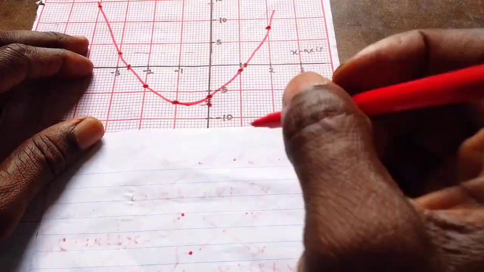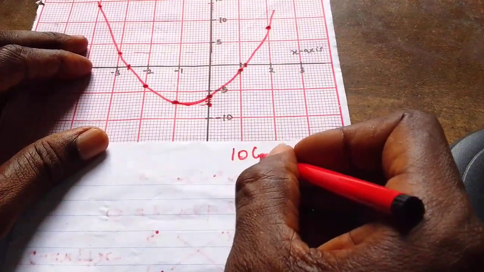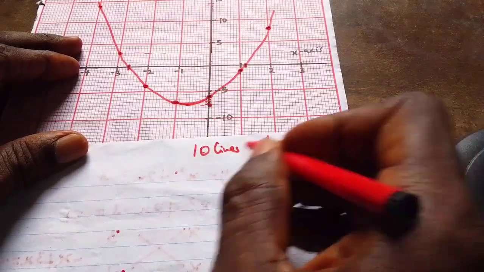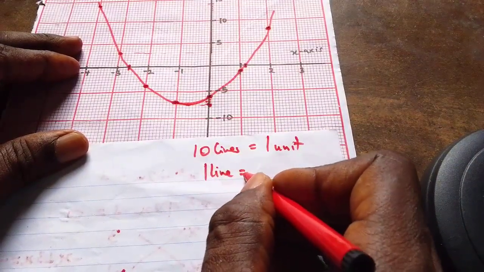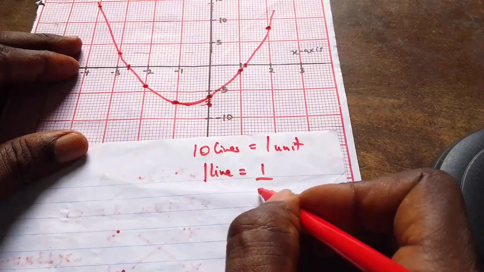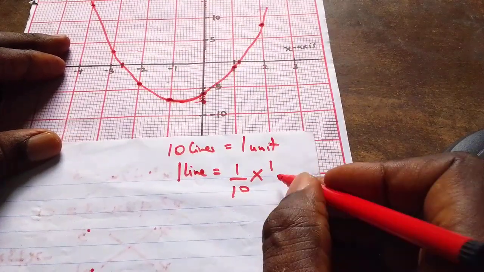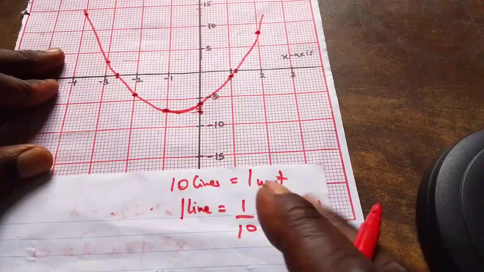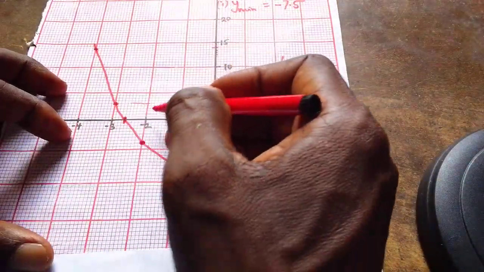So in 2 centimeters, we are having 10 lines. 10 lines is equal to 1 unit. So what will be the value for 1 line? Now this is 1 over 10 times 1. So it should give us 1 over 10, which is 0.1. Each of the lines here is 0.1.